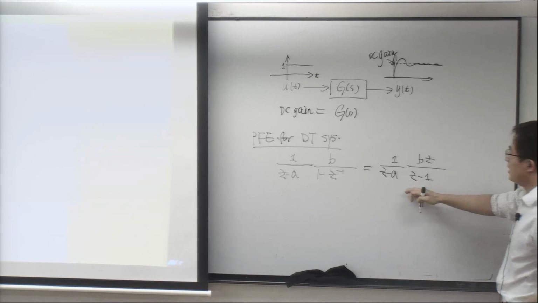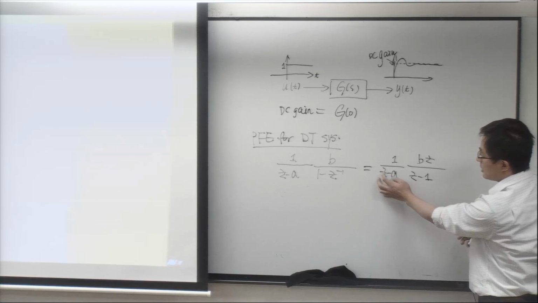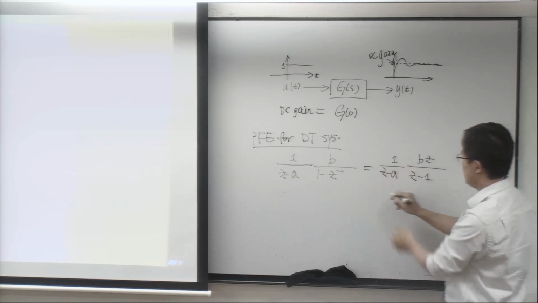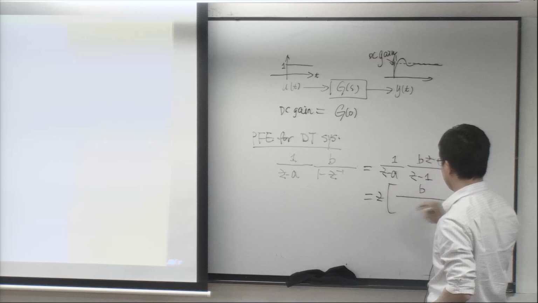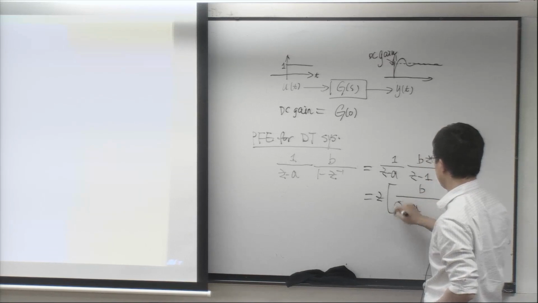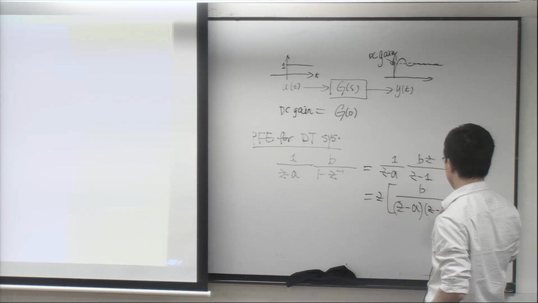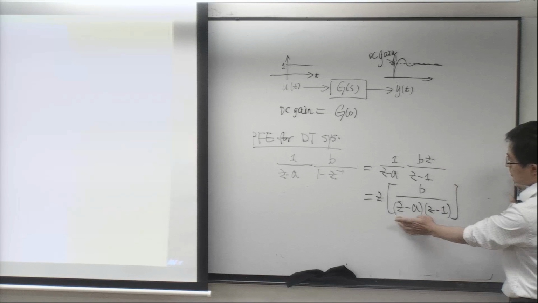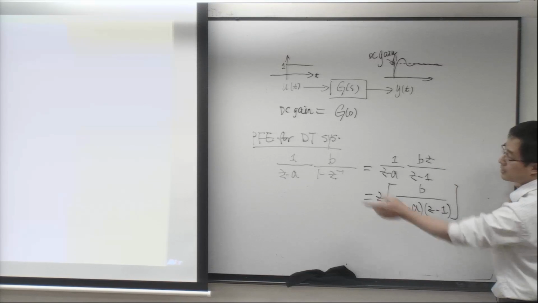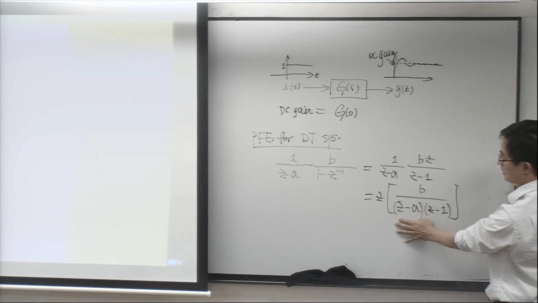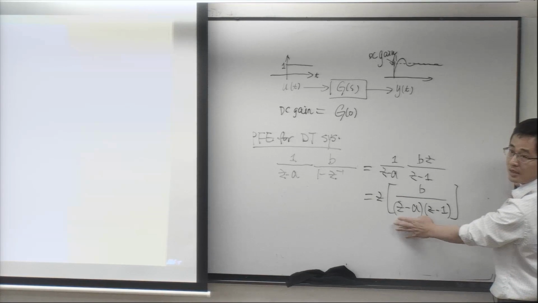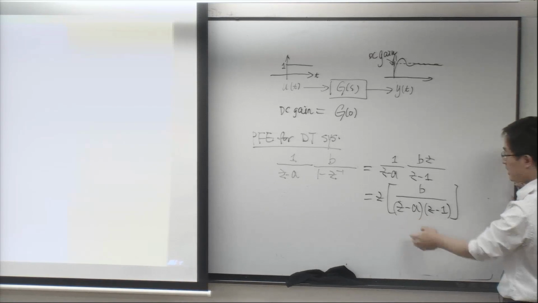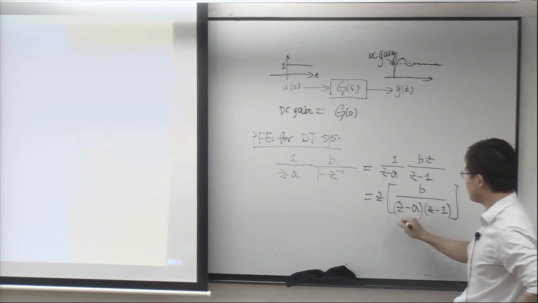Over here, we know how to do the partial fraction expansion if this is (Z minus A)(Z minus 1). We should be able to do partial fraction expansion for this one just using the formula on the left-hand side of the whiteboard. Any questions up to here? Okay, let's work on this one.